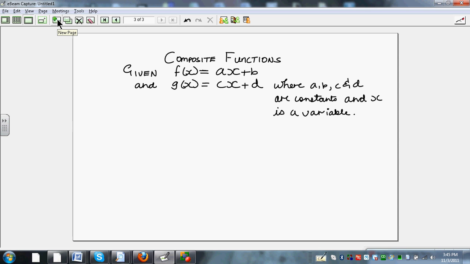Given that we have those two functions, f of x and g of x, if we have to find the composite function, let's say f g of x, it will be equal to a open bracket cx plus d plus b.